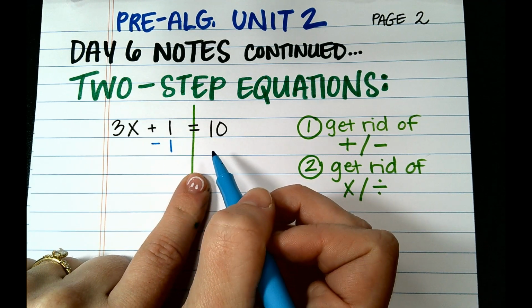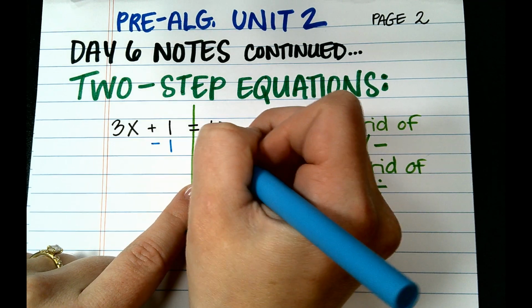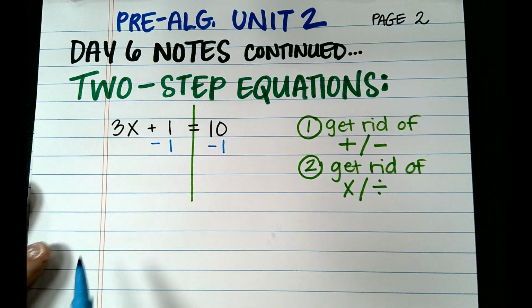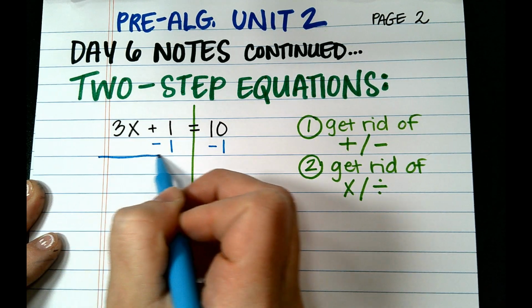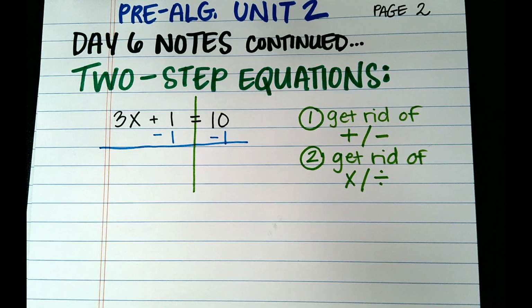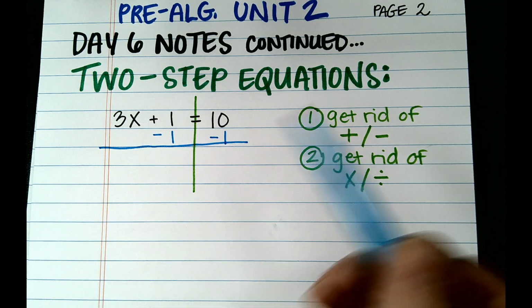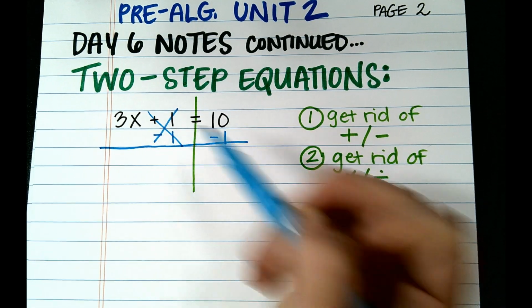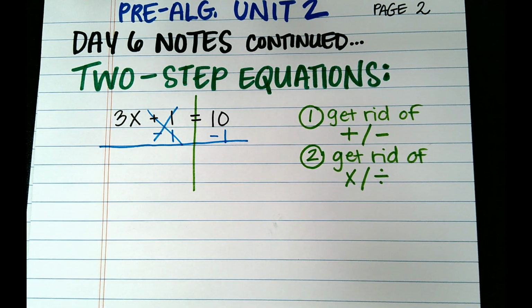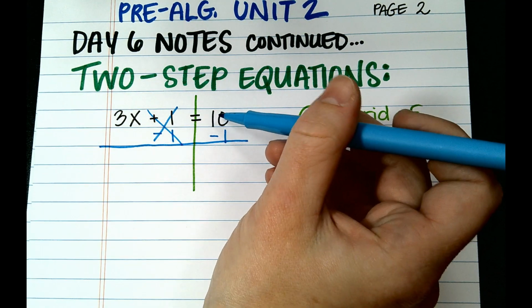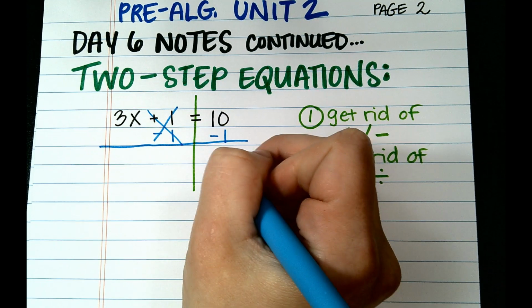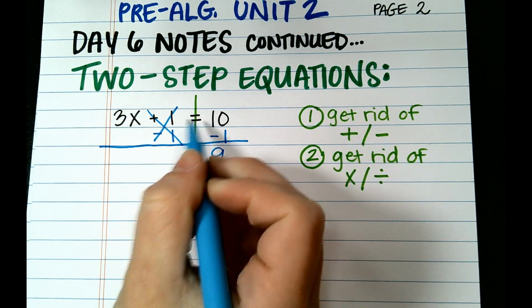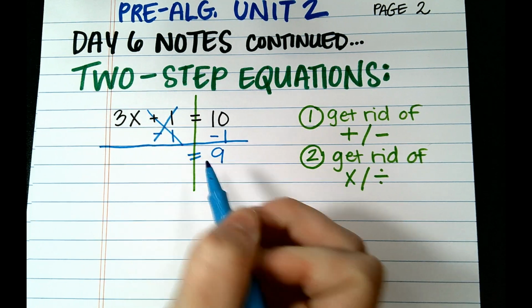And also on the other side, under the 10, minus 1. And I'll draw a line. Ones will cancel. And let's see, what's 10 minus 1? 9. I'll bring down my equal sign.